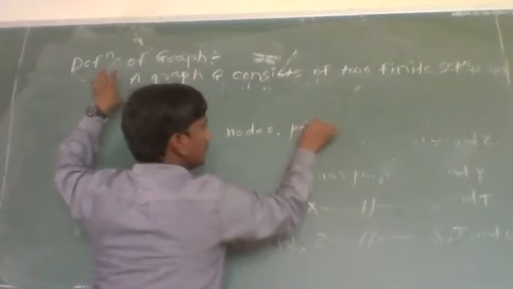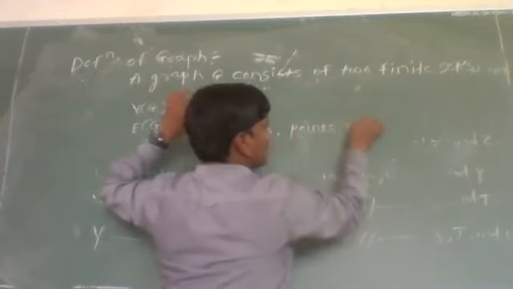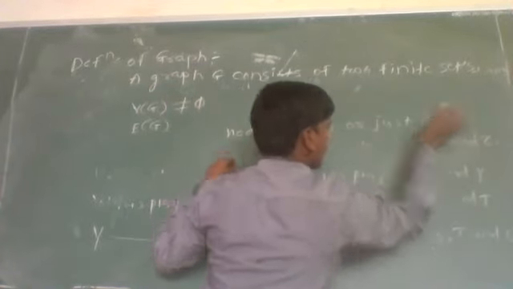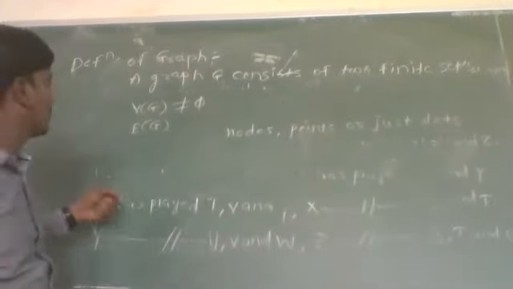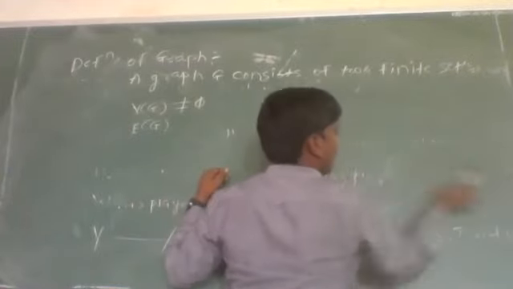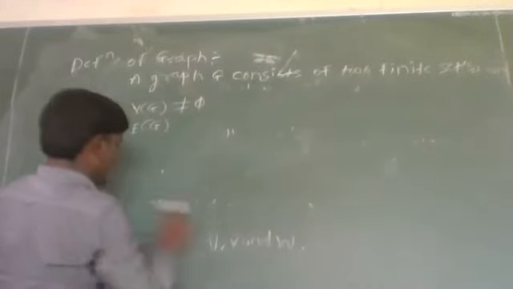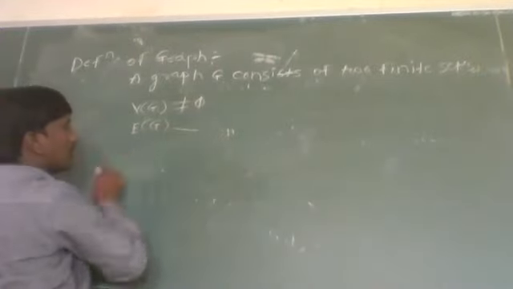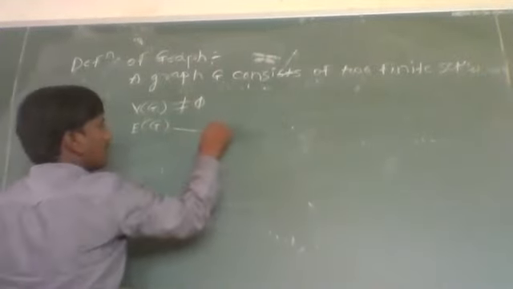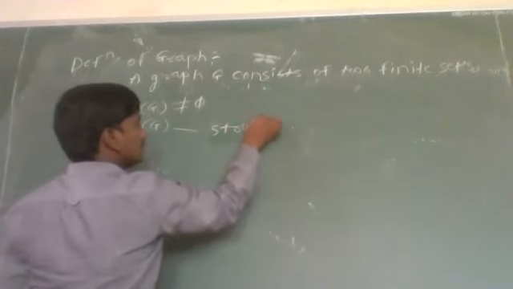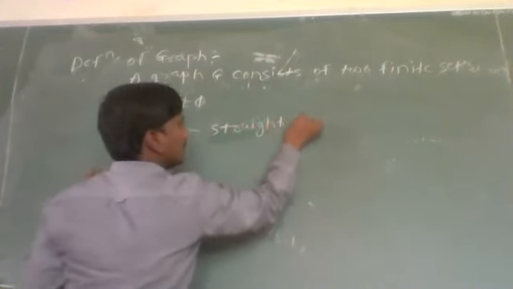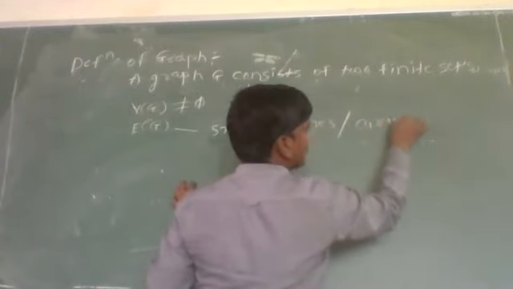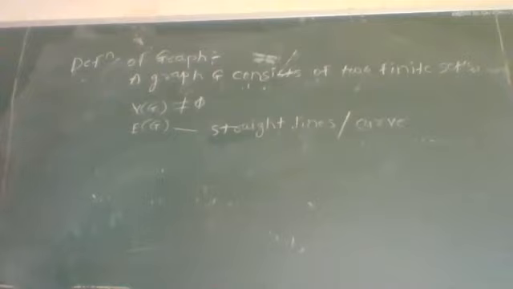points, or simply dots. The edges of a graph G are represented either by straight lines or curves.